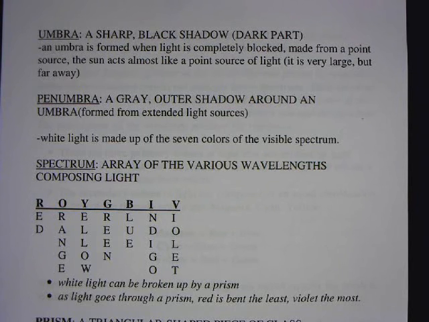In about 10 years, where we live, we're going to have a total solar eclipse. A total solar eclipse is where, for a few minutes during the day, all the light is going to be blocked out from the sun. That's something that you see maybe once in a lifetime.